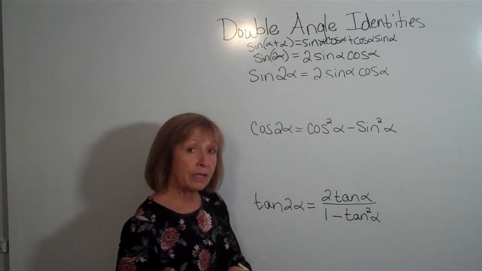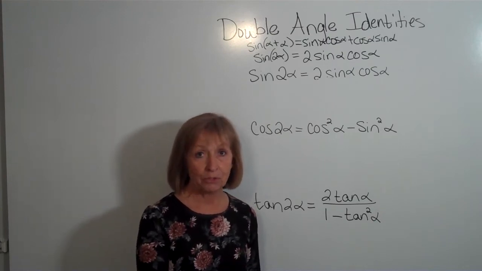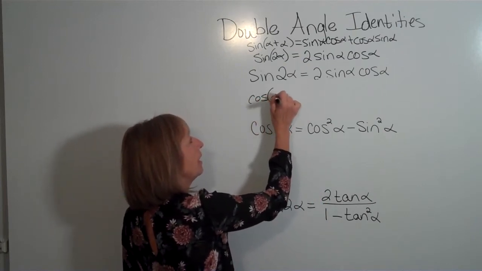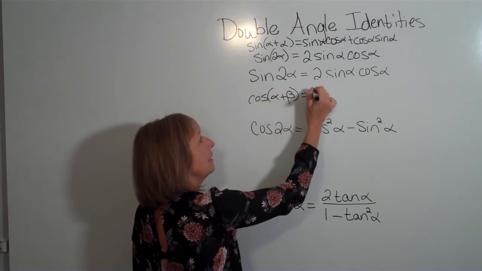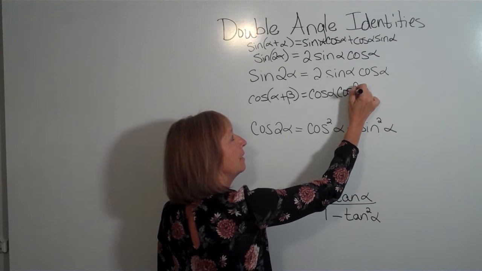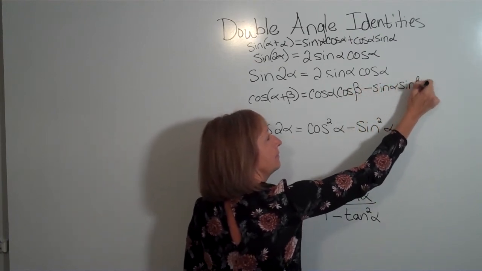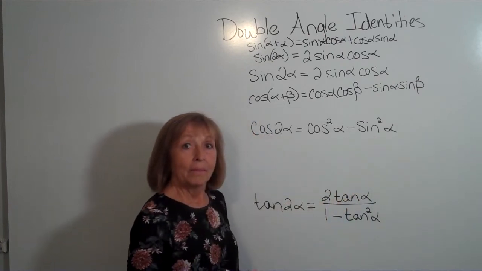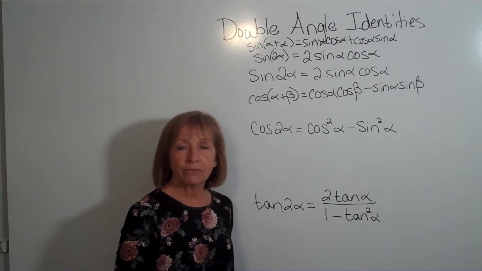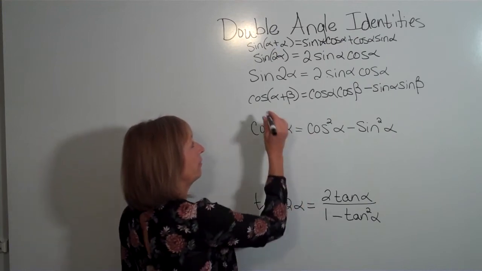So remember, for the cosine of the sum of 2 angles, the trig functions match, but the signs between don't. So I'm going to have cosine of alpha plus beta is cosine alpha cosine beta minus sine alpha sine beta. But then if I want to figure out what the trig identity is for the cosine of 2 times alpha, I'll make each angle alpha.